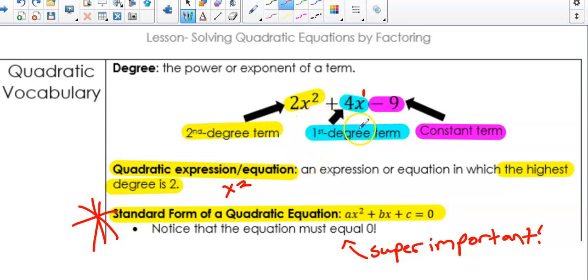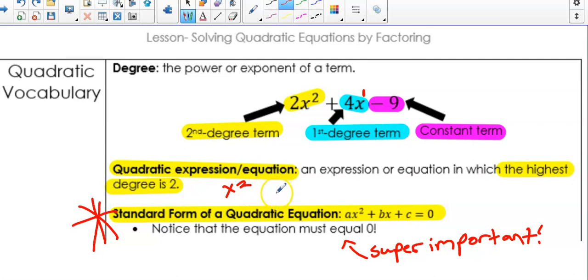If we see 4x, this would be called the first degree term because if we remember, x also means x to the first, so its degree or power is 1. And then when we have a number without any exponent or a variable, just a plain old number, that is called a constant term.